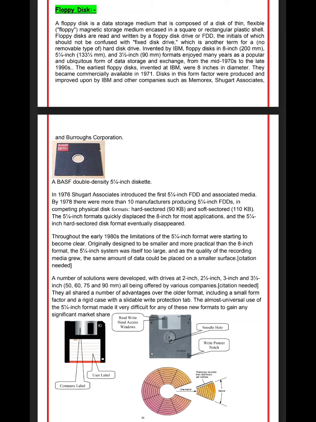They all shared a number of advantages over the older formats, including a small form factor and a rigid case with a slidable write protection tab. The almost universal use of the 5 1/4 inch format made it very difficult for any of these new formats to gain any significant market share. Read-write head access window.